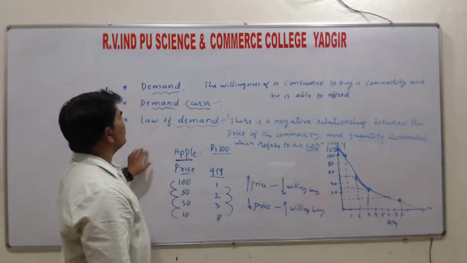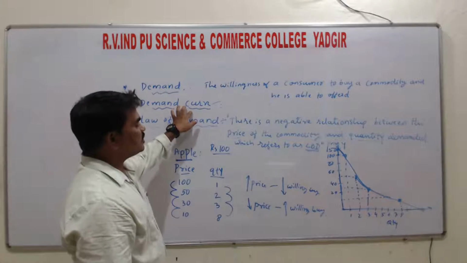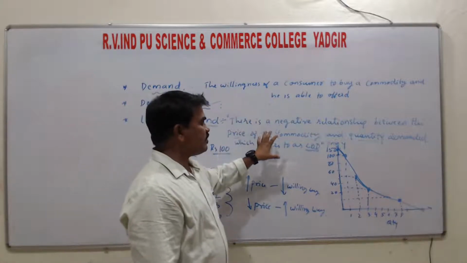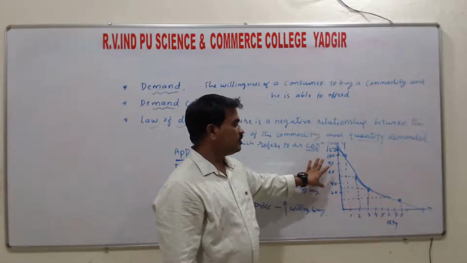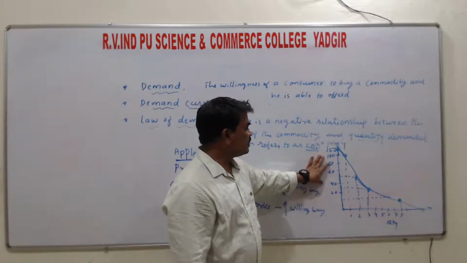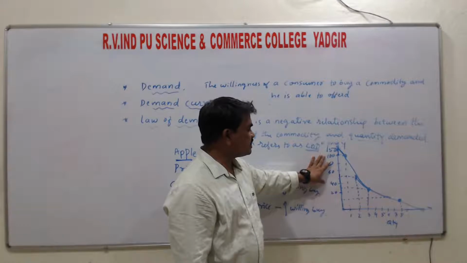We can say that is demand. And the demand curve is a graphical representation of the willingness of the buyer with respect to different prices.